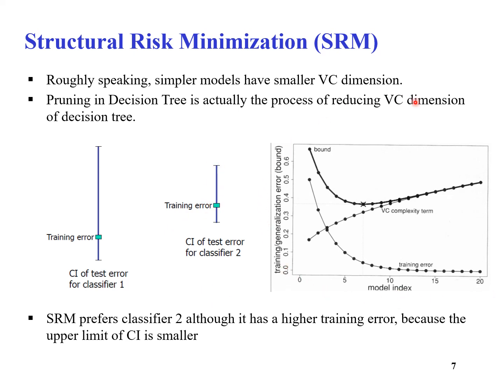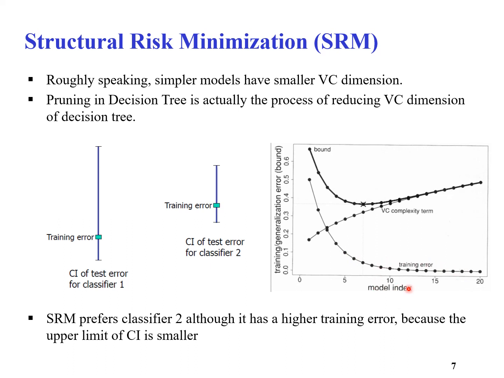And this one shows the relationship between Bayesian dimension and training error, and this is the regularization term, also known as the Bayesian complexity term. As the Bayesian dimension increases, training error becomes lower, okay?